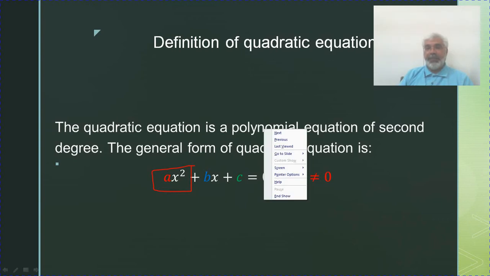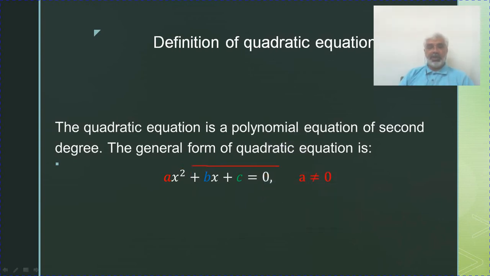Now, again, this is the general form. If I take a look at this general form, I will see that the right-hand side equals 0. So all the terms that have variables or constant are lying at the left-hand side, while the right-hand side should equal 0. So two things we have to remember. First of all, you have to make sure that the right-hand side equals 0.